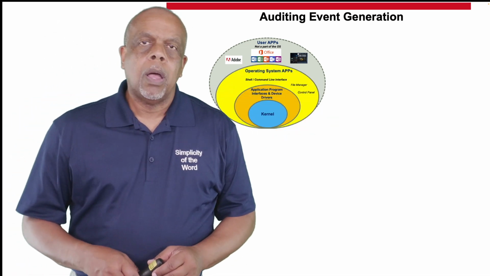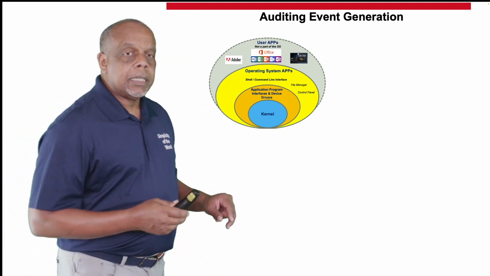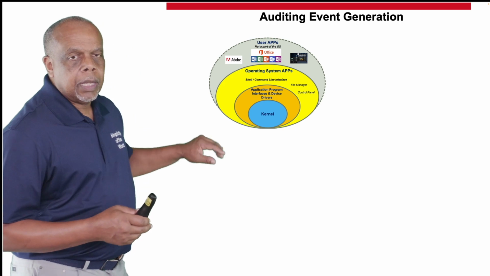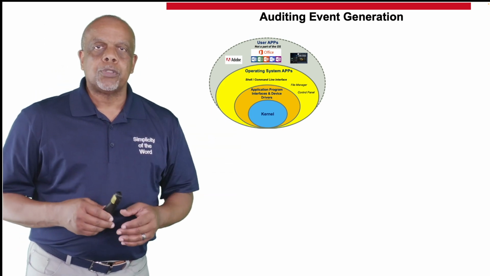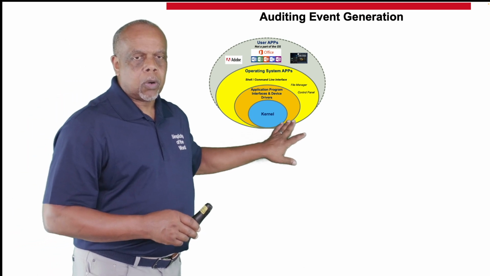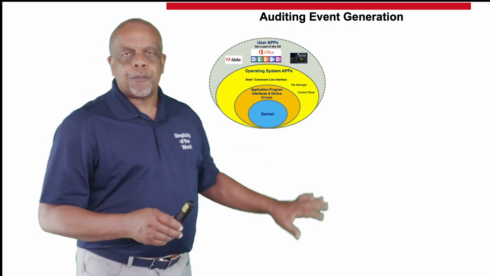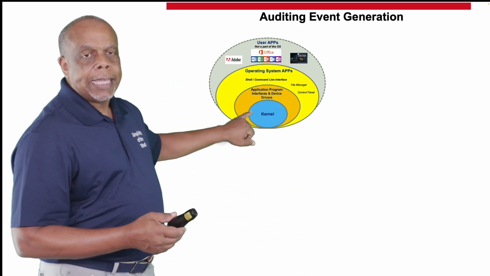Now you may say, well, how does that compare to something like Linux, like Red Hat? Well, what makes that different is what's called a distribution. With a Linux system, it's all built around an open source kernel, and that kernel is available to anybody. Windows, you can't get that kernel.